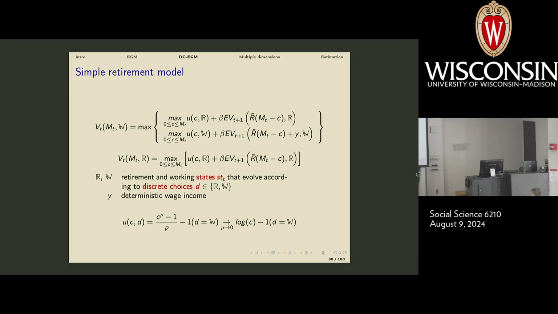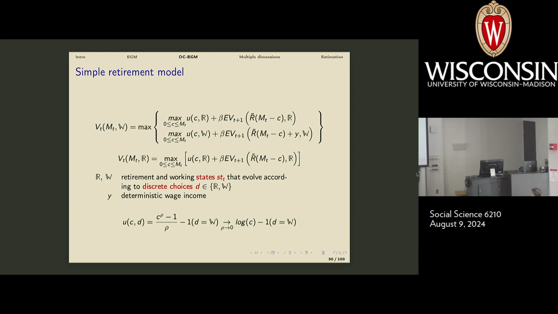All right, so we will look at a slightly different problem. We now want to introduce a discrete choice, okay? And what's the simplest way to introduce a discrete choice? I'm going to assume that there is a binary choice in each time period. And this binary choice is basically a choice between continuing to work or going into retirement.